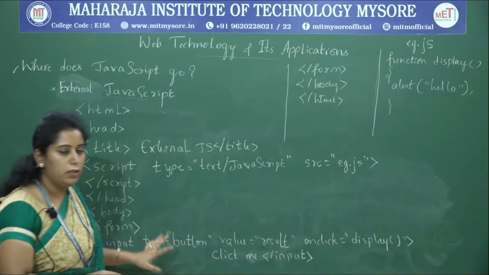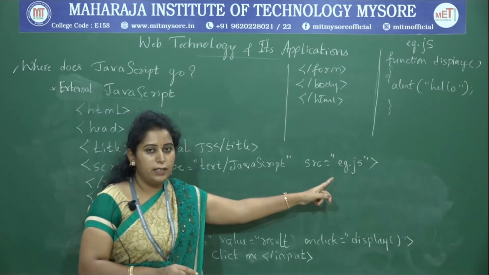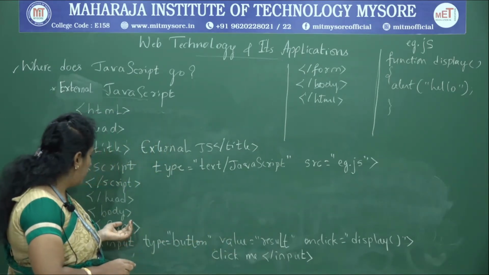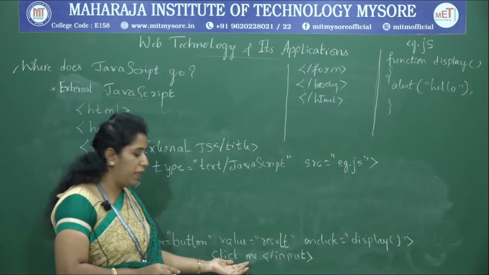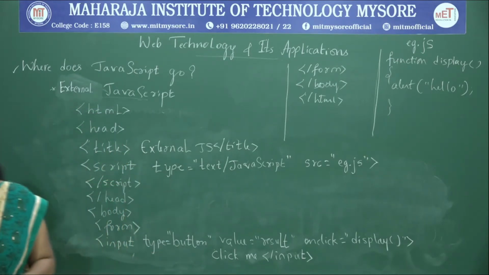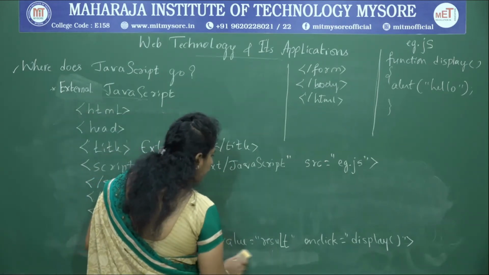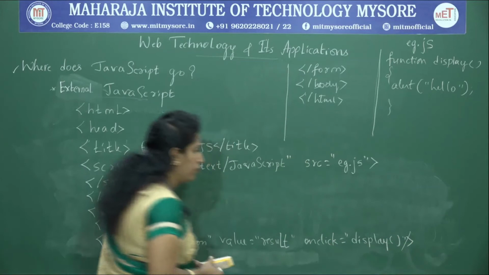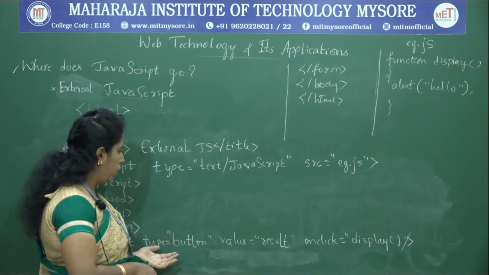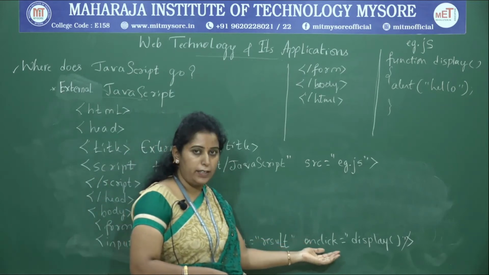Coming back to the HTML, how is it going to work? See, this line is implementing external JavaScript. You are including your JavaScript file to your HTML. So inside the body part, when you click on click me, you are performing a click operation. When you come to the body part, there is a result, and when you click on that result, onclick gets activated.